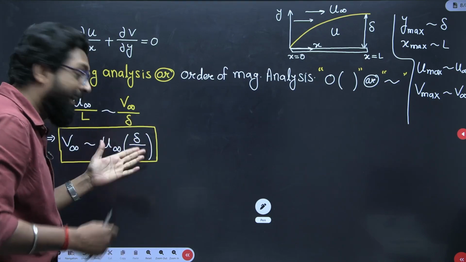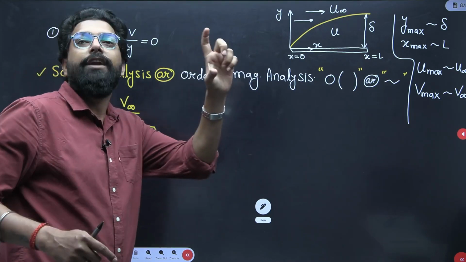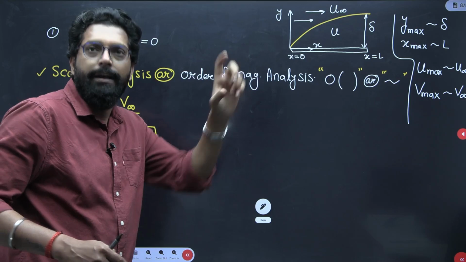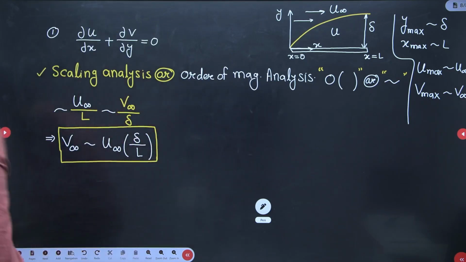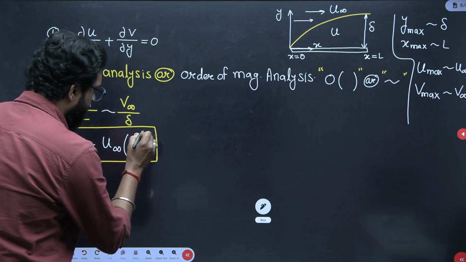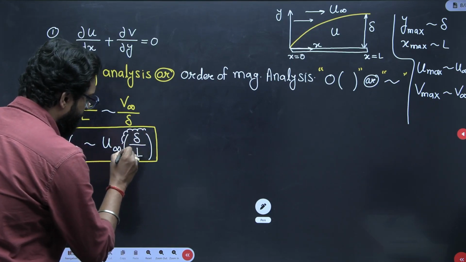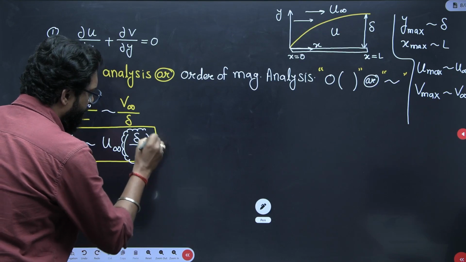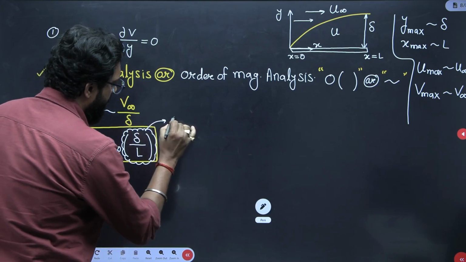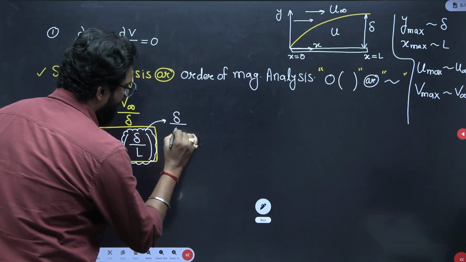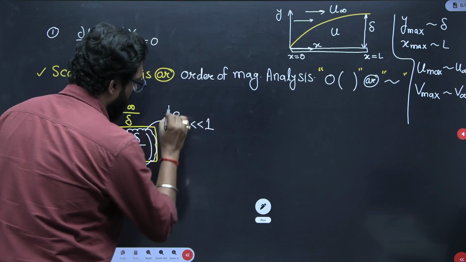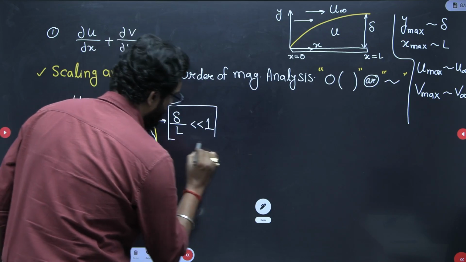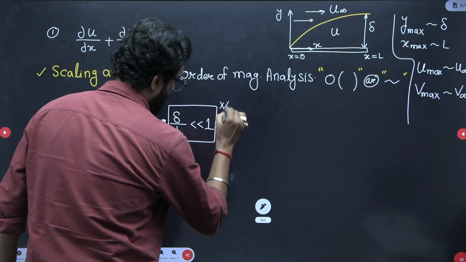That means the length is very much larger than the boundary layer thickness. The consequence is that delta by L is less than 1. This is very important, I am telling you. This is the first consequence of the boundary layer. We'll prove it also, no problem.